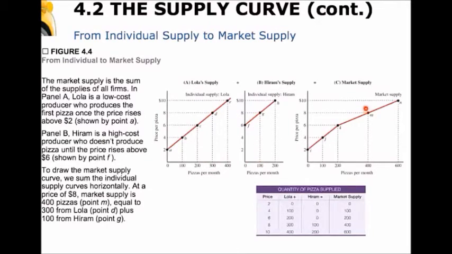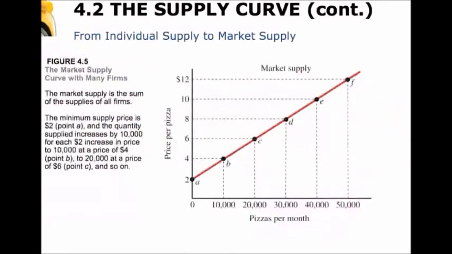So the market supply curve is the horizontal sum of the individual supply curves in the market. When we look at an overall market supply curve, we're going to see it's upward sloping because of the law of supply. What it means is, what price will be charged if 10,000 pizzas per month are to be supplied? You'd have to get at least $4 as the price in order to get that quantity supplied.